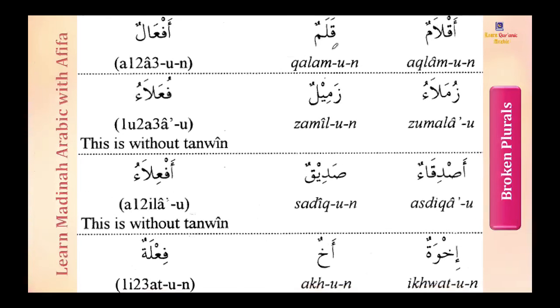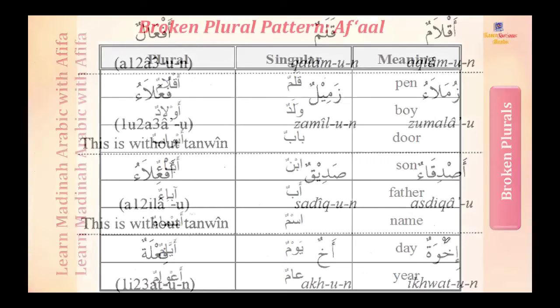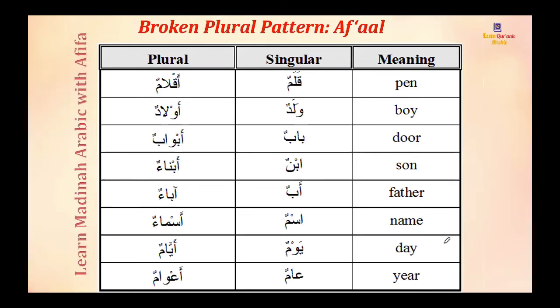Okay, so then qalamun, aqlamun follows this pattern. Okay, zamilun, zumala'u. Okay, akhun, ikhwatun. We talked about these, a few plurals that have a ta marbuta at the end. So here are some more plurals that you can go over on your own because they are giving you examples of this pattern.